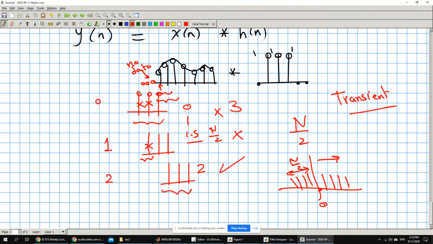Before that, at least 1 point of the filter is overlapping zero. When this happens, you're not filtering your actual signal, you're filtering something a little bit distorted. A part of the filter is multiplying your signal, and the remaining part is multiplying zeros. That's why you get the transient.